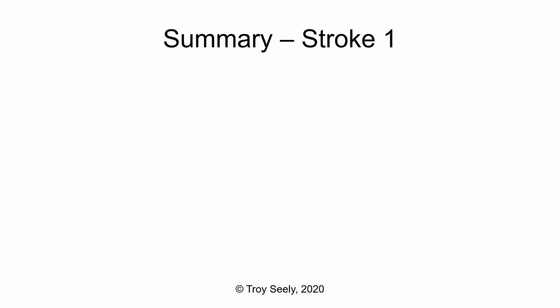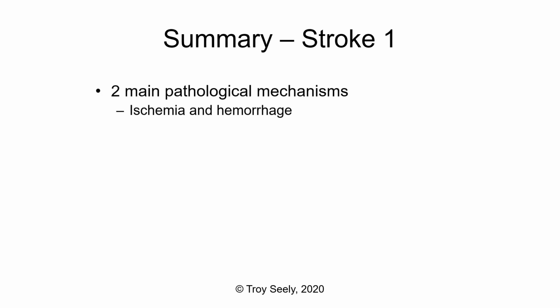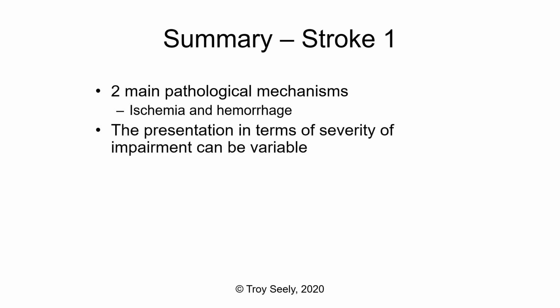So as a summary of some of the points that we've highlighted in the lecture, let's keep in mind that there are 2 main pathological mechanisms, ischemia and hemorrhage. The presentation in terms of severity of impairment can be variable, and we might need certain scales, such as the FIM, as an outcome measure to give us a sense of what the patient's current presentation is like and our expectation of how far they can go.